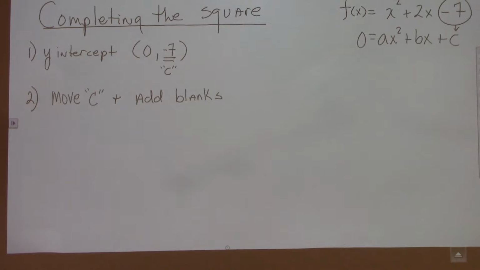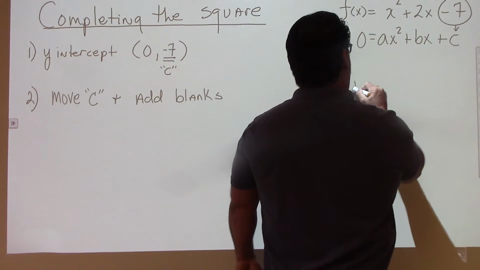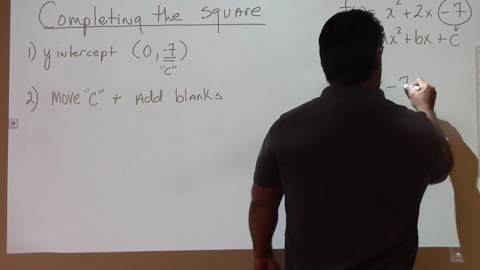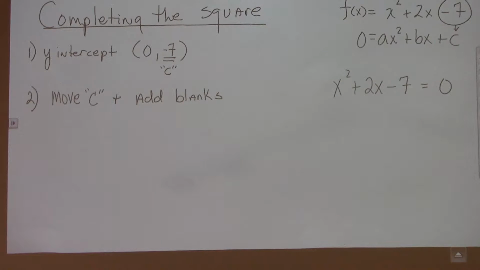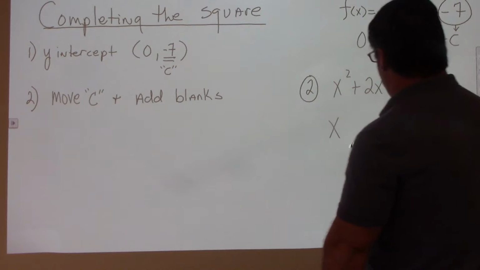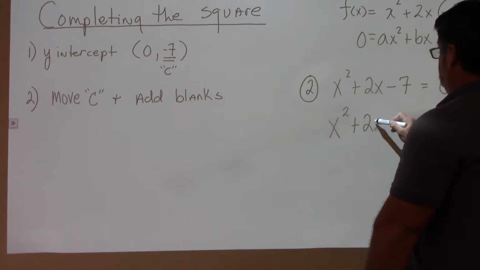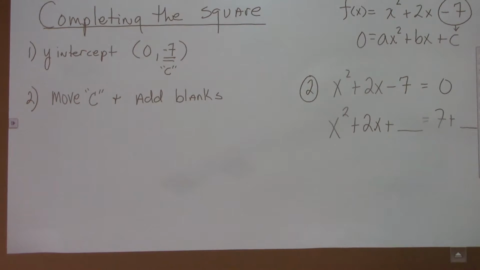Now I always love when I write that down because somebody's going to say, well, where do you move it? Well, let's look at this. X squared plus 2x minus 7 is equal to 0. If I tell you to move C, where are you going to move it? To the other side. So that's pretty simple. So this is 2. X squared plus 2x plus blank is equal to 7 plus blank.